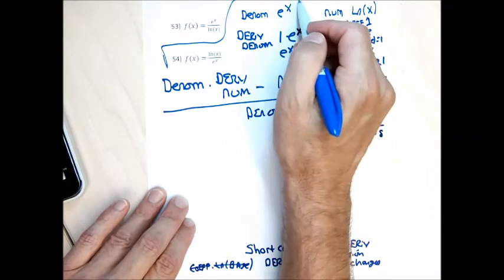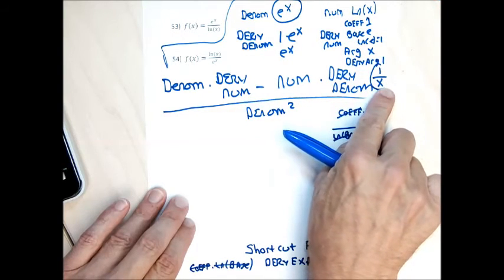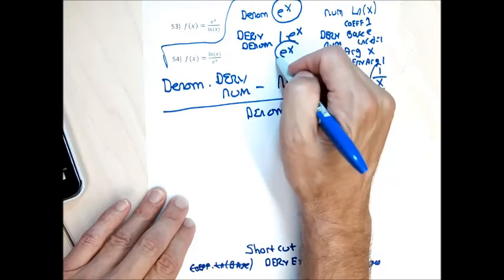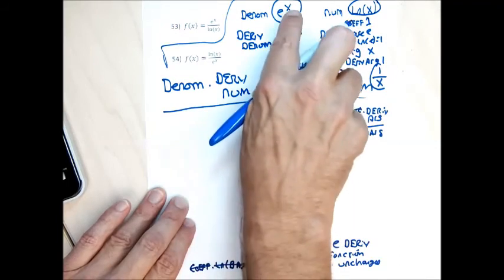So the pieces I'm going to use: the denominator, the derivative of the numerator, the derivative of the denominator, and the numerator. These are the 4 pieces I'm going to write down. So let me try to do this.